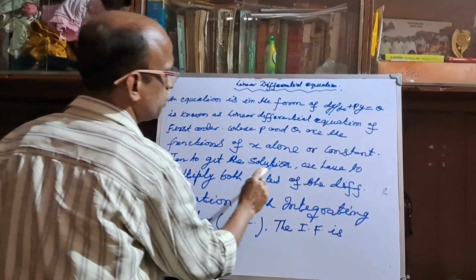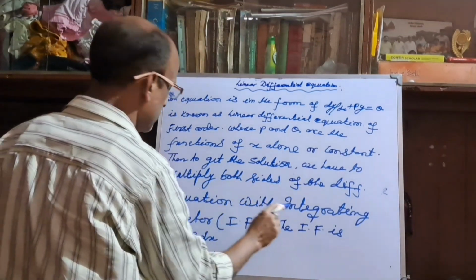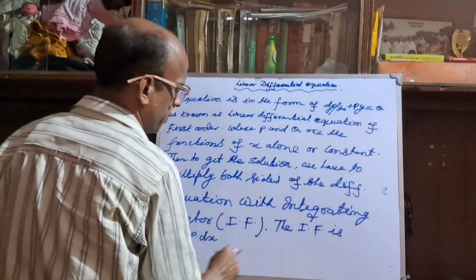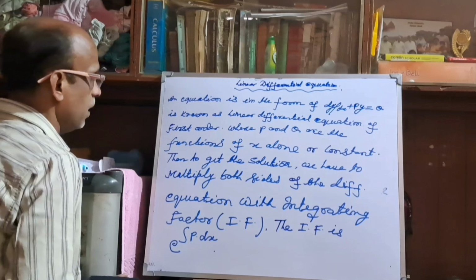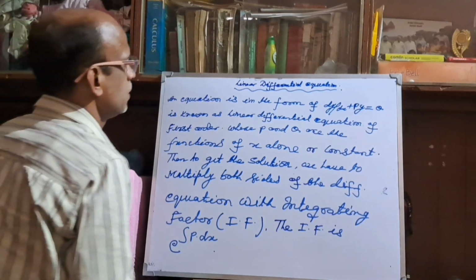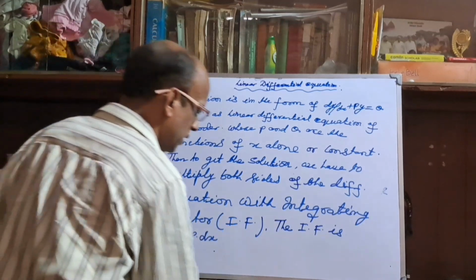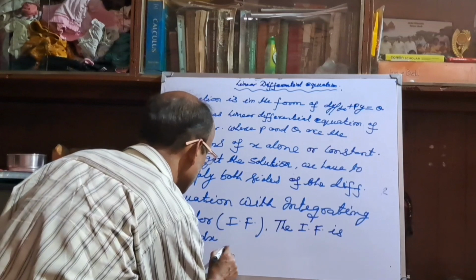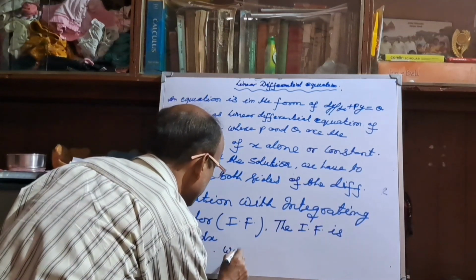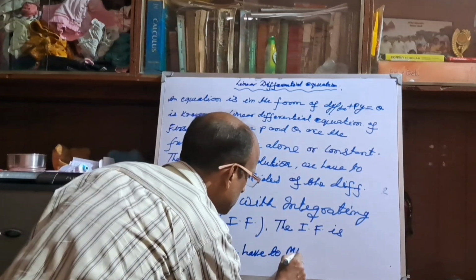Then to get the solution, we have to multiply both sides of the differential equation with the integrating factor. The integrating factor is e to the power integral of p dx.